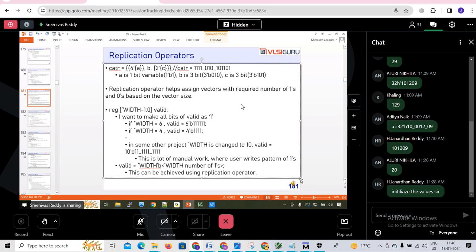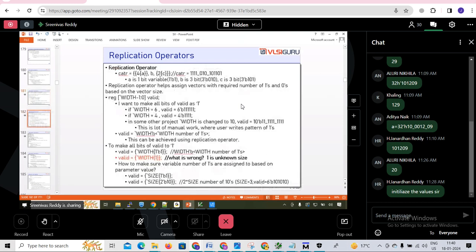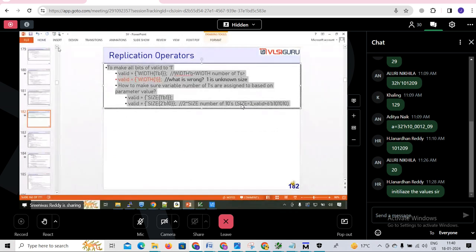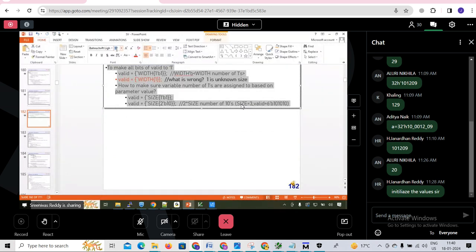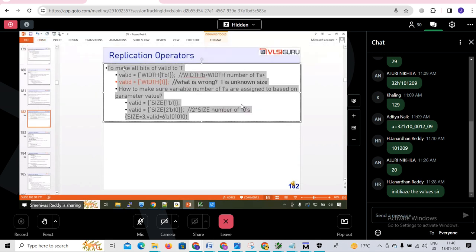Here you can use the replication operator. How do you use the replication operator? Here is, make all bits of valid to 1. You write like this.